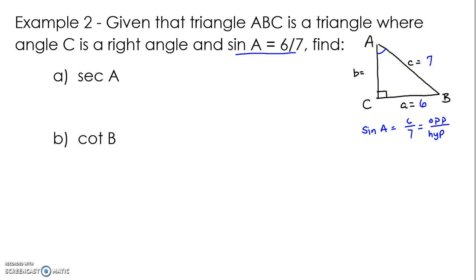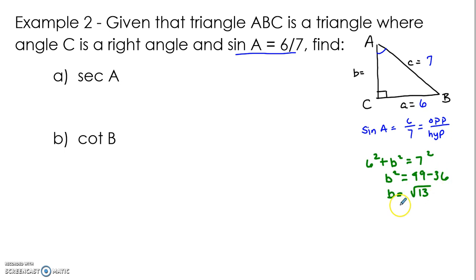I just need to do a little math to find side B. 6 squared plus B squared is equal to 7 squared. The legs squared and added together is equal to the hypotenuse squared. So B squared is equal to 49 minus 36, and B is equal to the square root of 13.